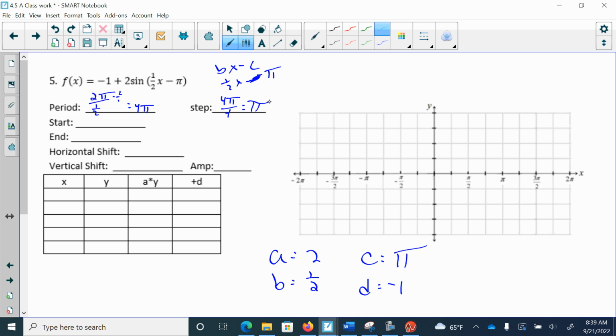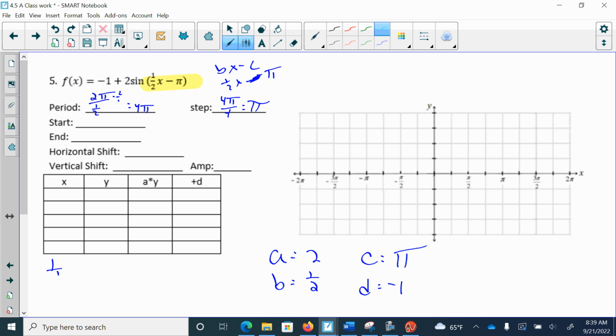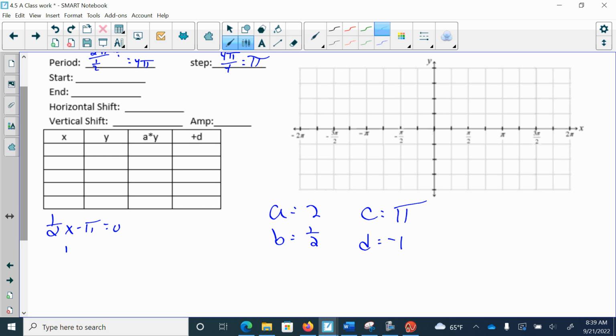To find my start, I take whatever's in that parenthesis, so I'm going to take that 1/2 x minus pi, and set that equal to 0. When I do that, I'm going to have 1/2 x is equal to pi. To solve this, I'm going to multiply both sides by 2, and I'm going to get x is equal to 2 pi.